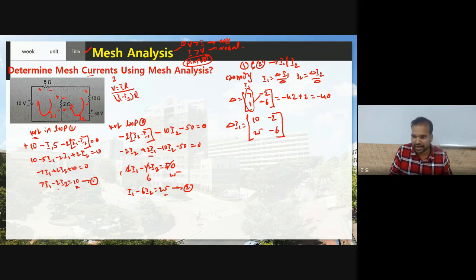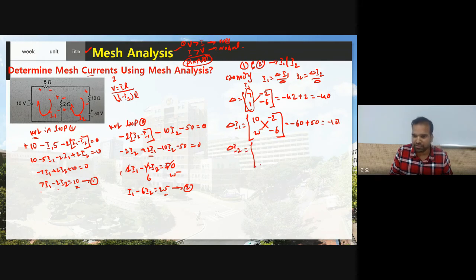Now find the determinant of delta I1. 10 into minus 6 gives minus 60. When you multiply from down to up, you will get minus. Therefore 25 into minus 2 is minus 50, minus minus will become plus. Therefore minus 10.